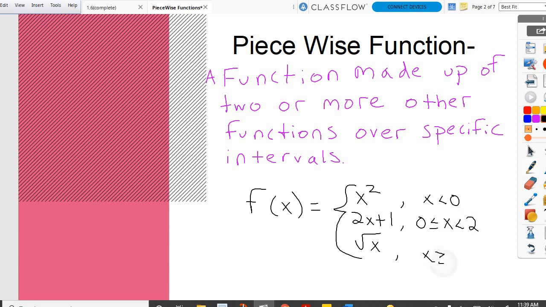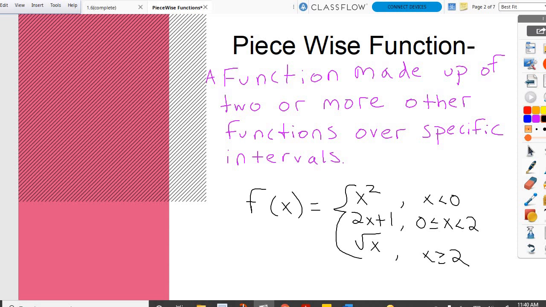And my last piece I'm going to use when x is greater than or equal to 2. Okay? So basically you have a list of functions and then the intervals that you use for each one of those functions. Now this is our piecewise notation.